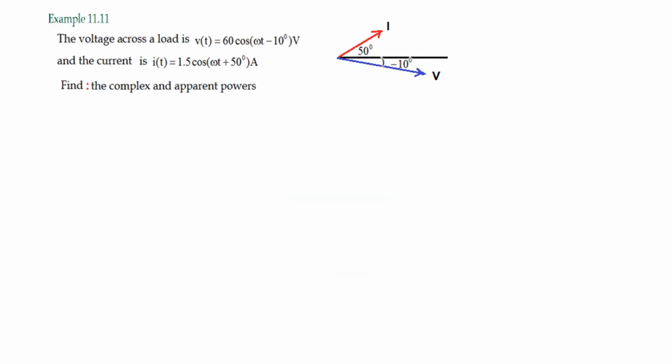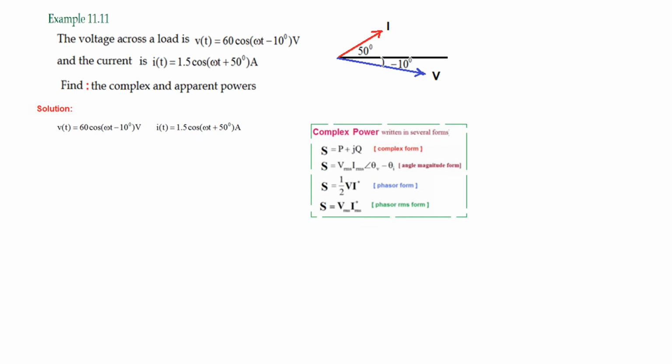Okay, let's have an example to clarify the concept. The voltage is given by this formula and the current is given by here. If we plot it in the phasor form, you see this has an angle of minus 10, so we draw it on the negative side, and the current has an angle of 50, so we draw it on the positive side. Now, to find the complex power, we can use any of these formulas.